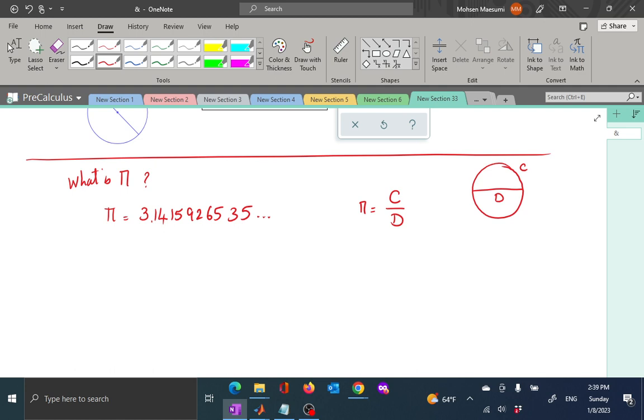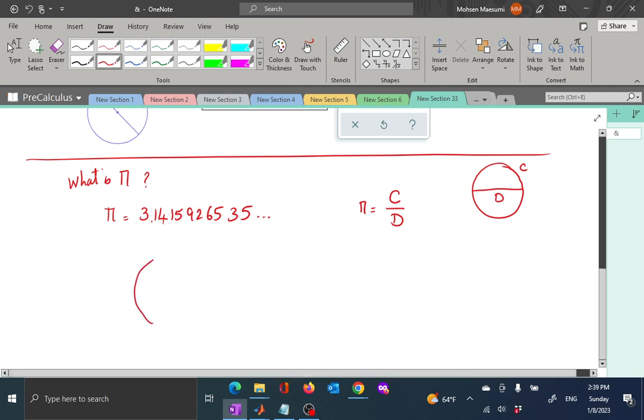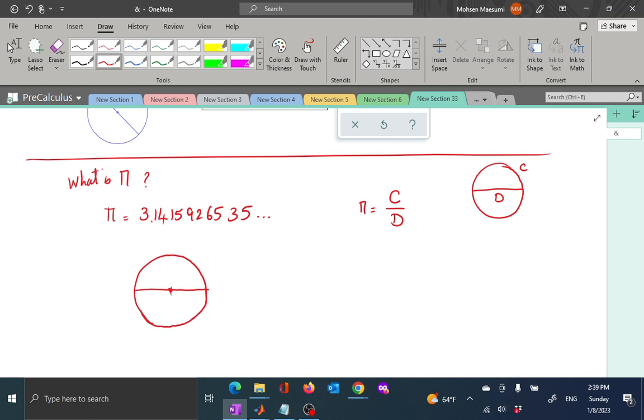From about 2,500 years ago, people started to work on this topic, and one of the first things that they noticed is that, well, if you have a circle and you use this radius, and second time, a third time, fourth, fifth, and sixth time, you come back to where you were.